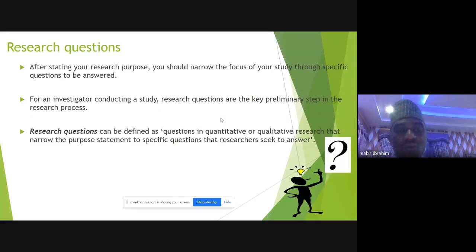So now, what is a research question? After stating the research purpose, you should narrow the focus of your study through specific questions to be answered. You stated the purpose of the study, so now you have to narrow its focus through the kinds of questions that you may ask.